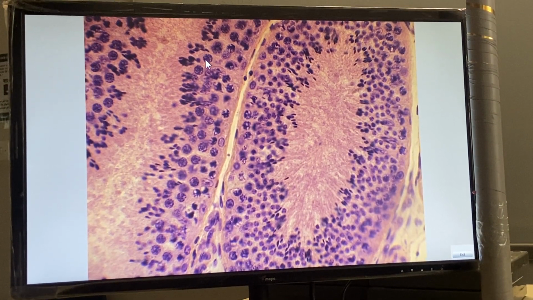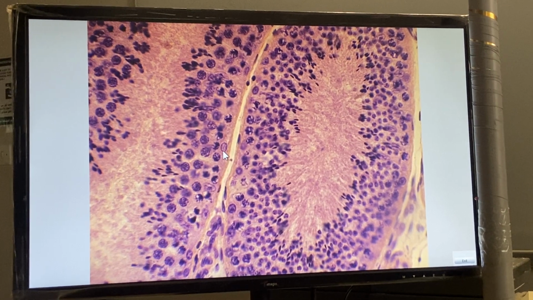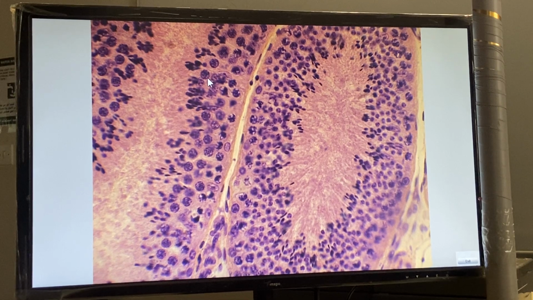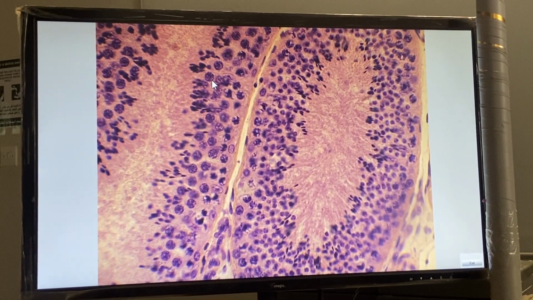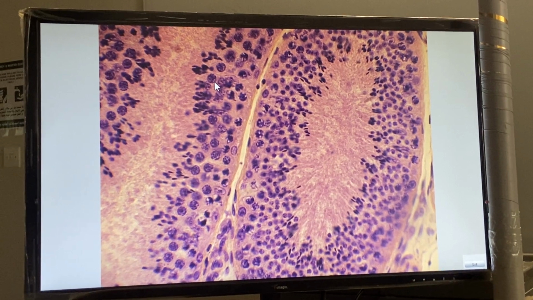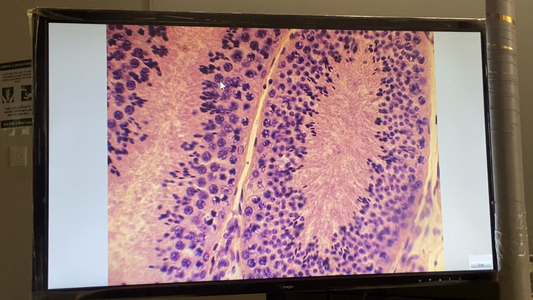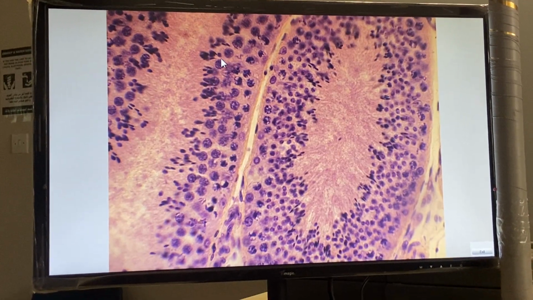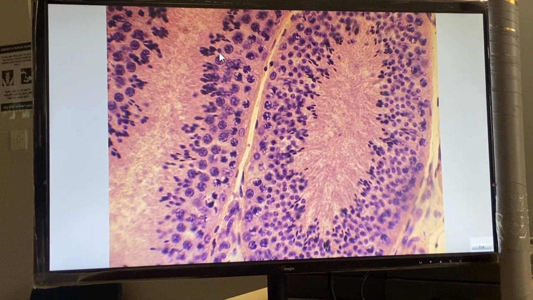Primary spermatocyte, spermatogonia, primary spermatocyte. Secondary spermatocytes are not seen in this section because they are short-lived cells. Secondary spermatocyte divide and give rise to early spermatid.